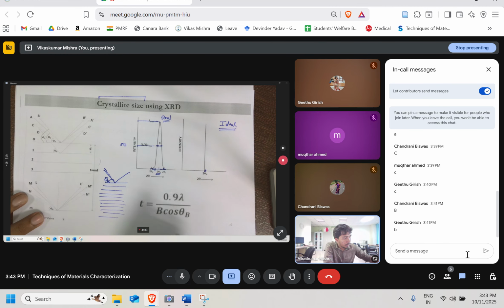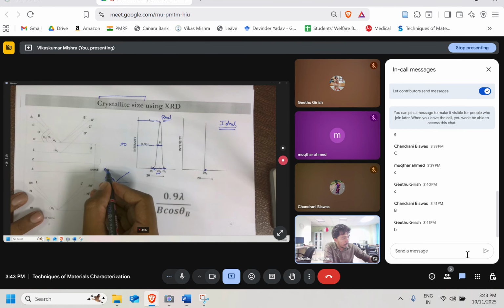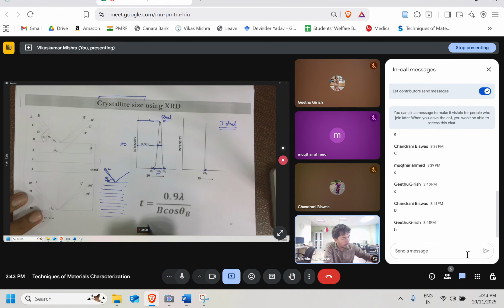In the case of diffraction, the path difference should be lambda.